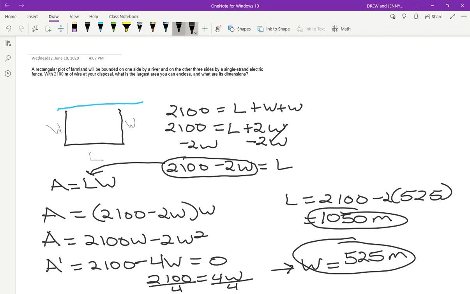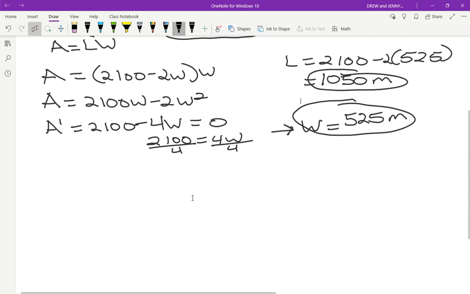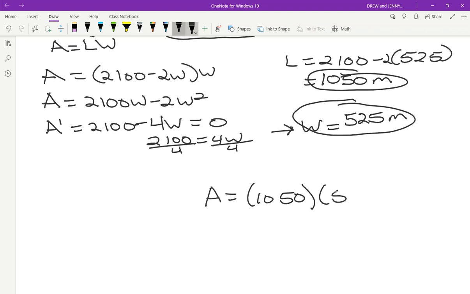And then the last question asks about what is the maximum area that you can enclose. Okay, well, to do that, we just find the area of this rectangle. So we have area equals length times width, so 1050 times 525.